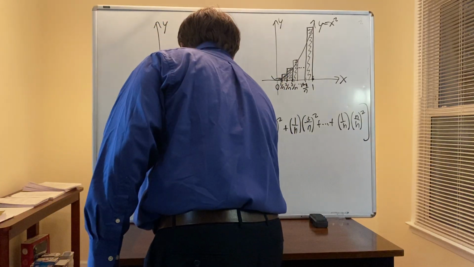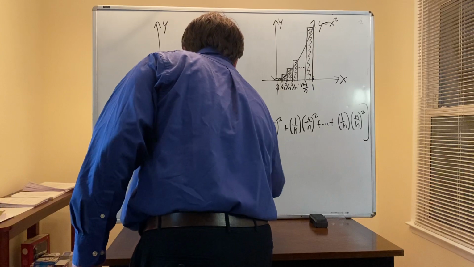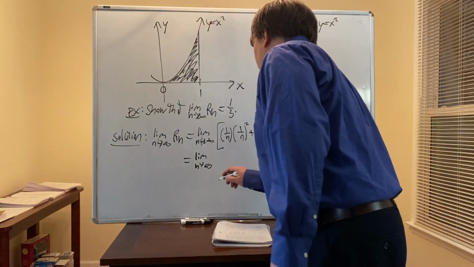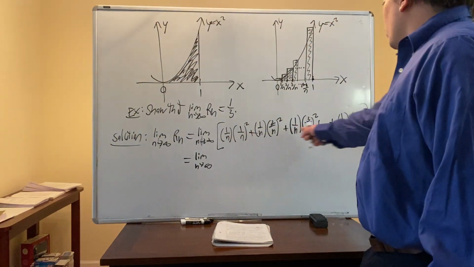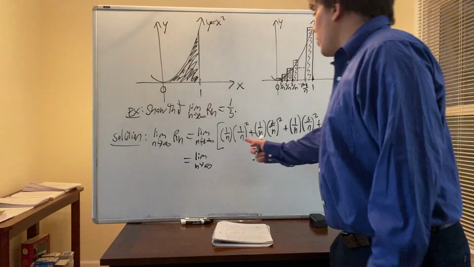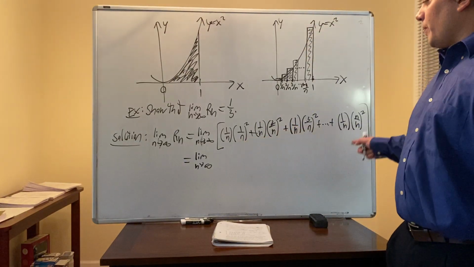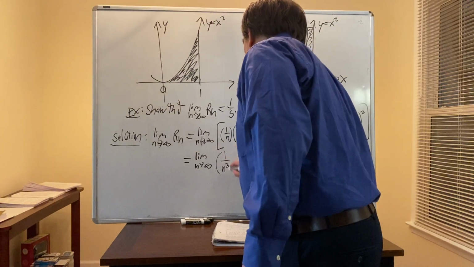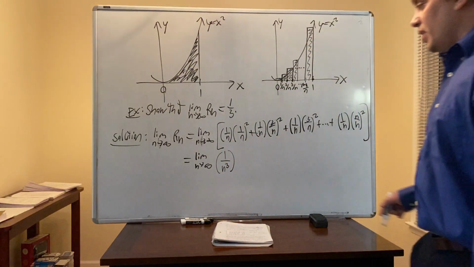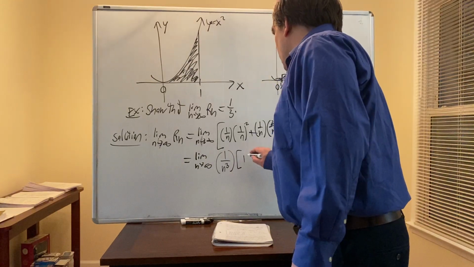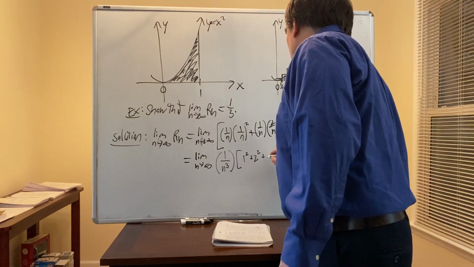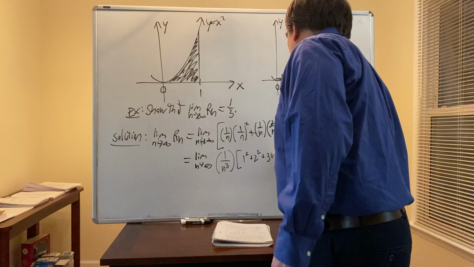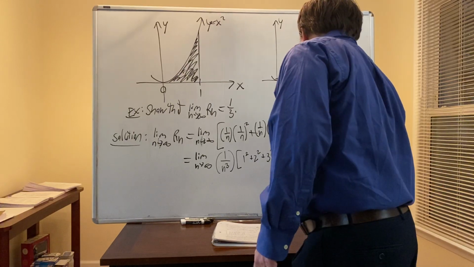Let me first express this another way. I can factor out the 1 over n for each term, and I can also factor out 1 over n squared from each term. So I can factor out 1 over n cubed out of each term and get 1 over n cubed times 1 squared plus 2 squared plus 3 squared plus and so on up to n squared.